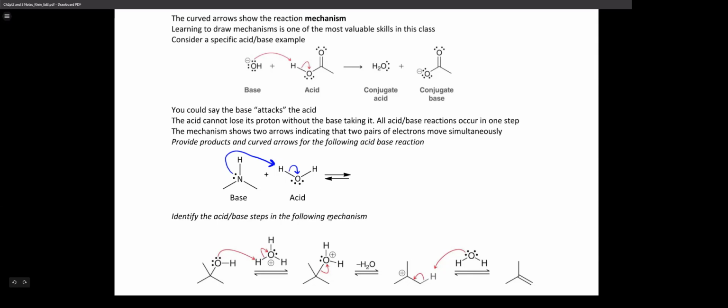Okay, so now what's left over here? The nitrogen now has, instead of a lone pair, a bond to that second hydrogen. And those are all supposed to be straight lines.